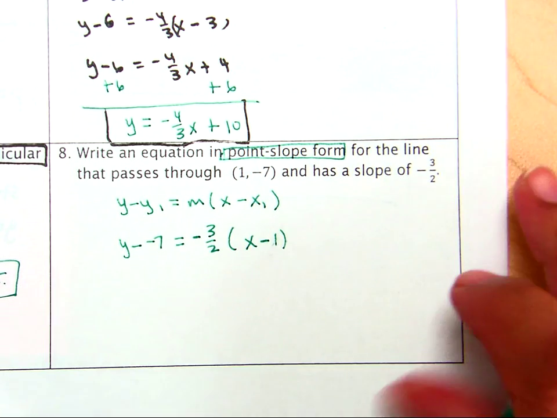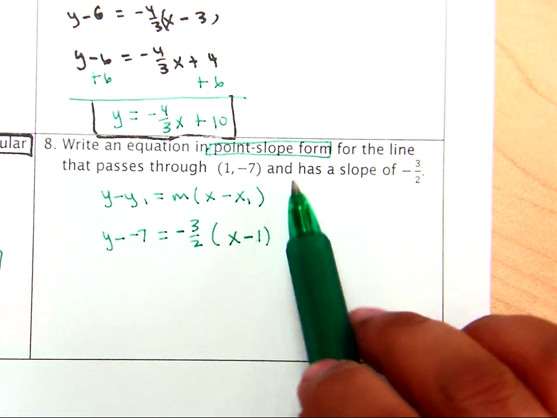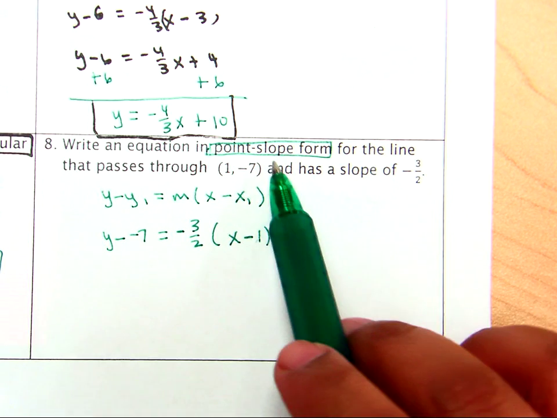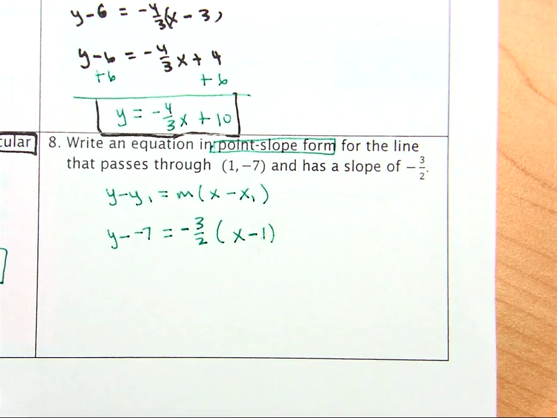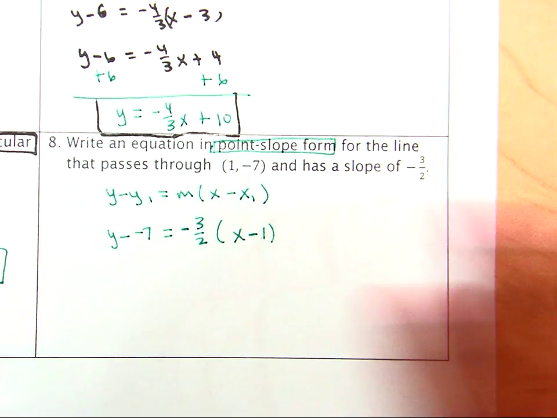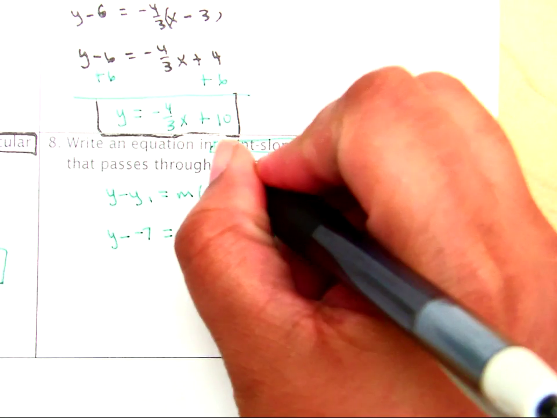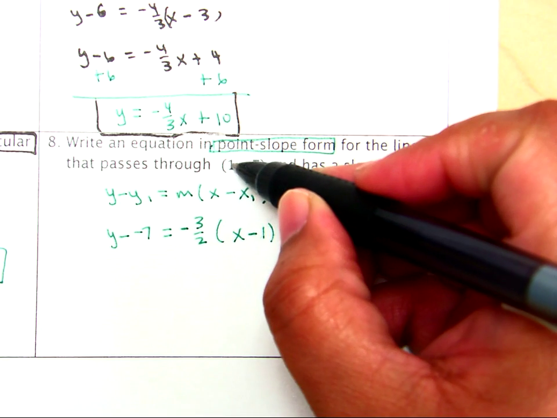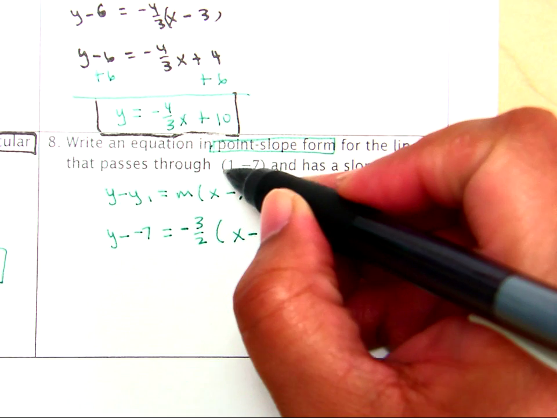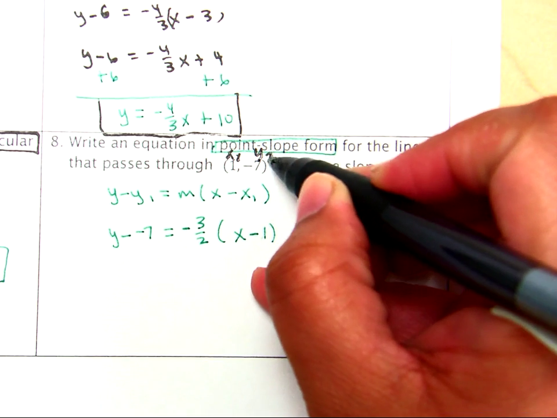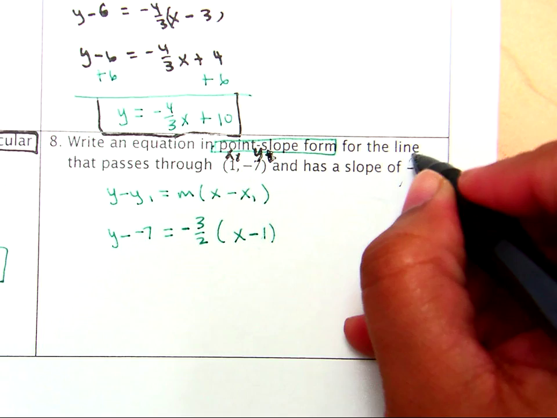Alright, so this question specifically says we're going to write the equation in point slope form. So once we're done with this, we don't have to do any extra steps. We don't have to solve for y. Once we get the numbers in, we're done. So y'all should know that the 1 is x1. This is x2, y1, and then this is your slope.